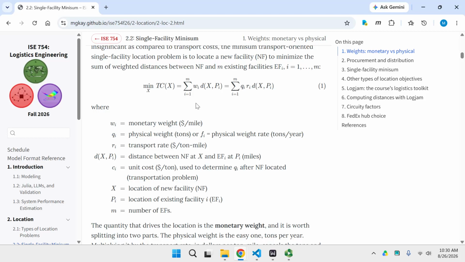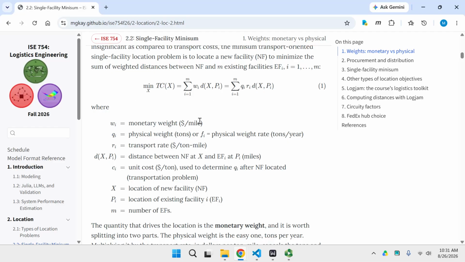And it really does call out the difference between a monetary weight and a physical weight. So in this equation, W sub i is the monetary weight. So those are the weights that we talked about in the previous lecture. In those cases, the weight corresponded to the number of trips per day.